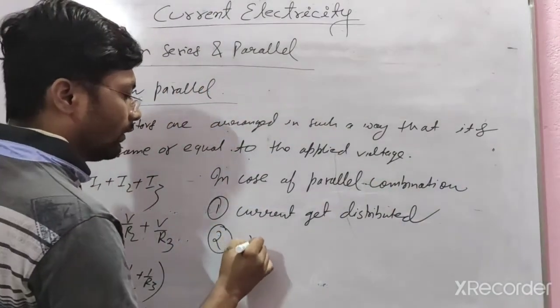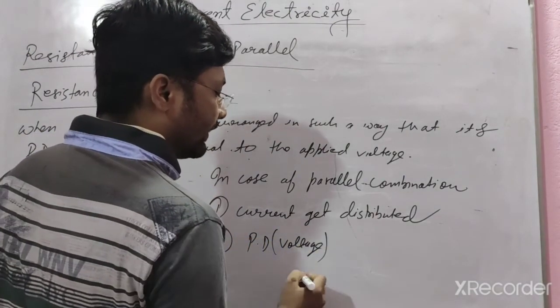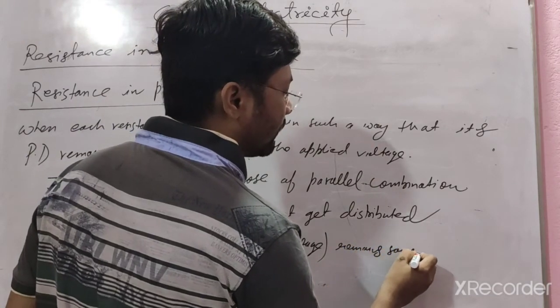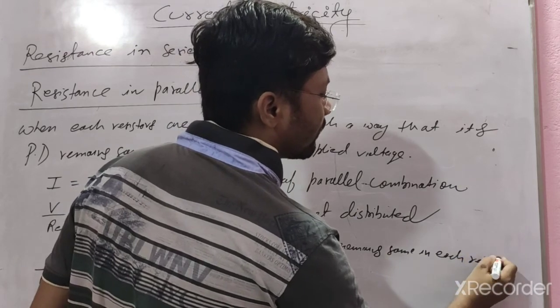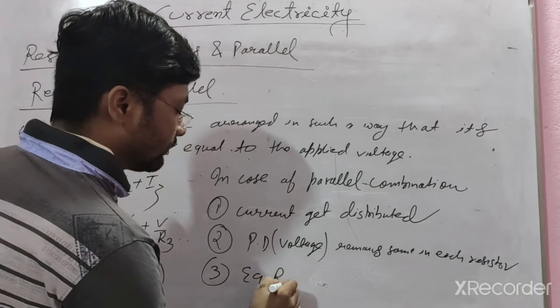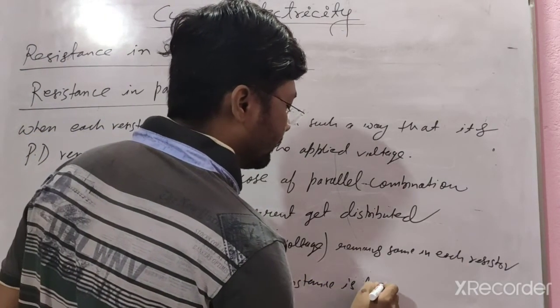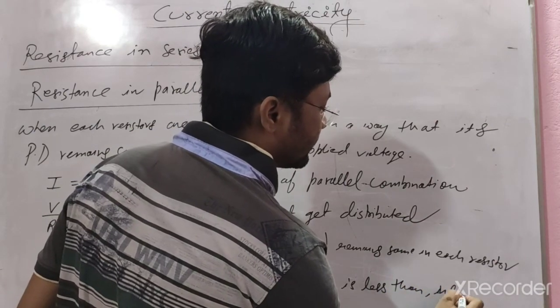Second, potential difference, voltage, remains the same in each resistor. And equivalent resistance is less than the individual resistances.